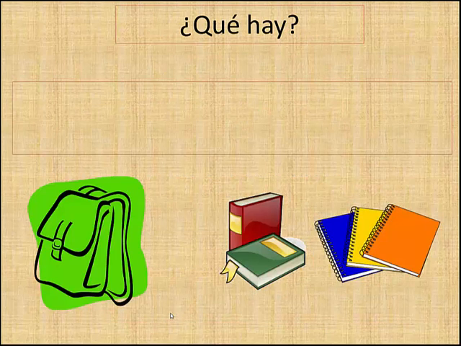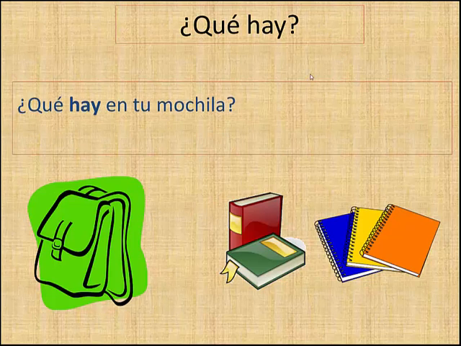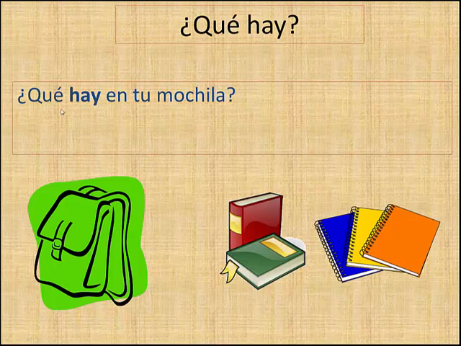Another question that we can ask with hay is just simply adding the interrogative word qué in front of it to talk about what's there. Okay? So this is kind of a tricky one when we look at the direct translation. So if we say, ¿Qué hay en tu mochila? In English, we're asking, what is in your backpack?